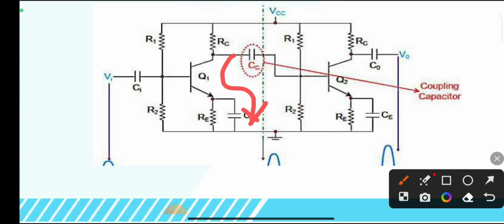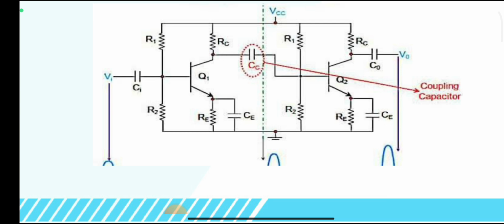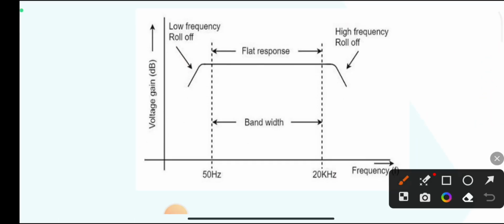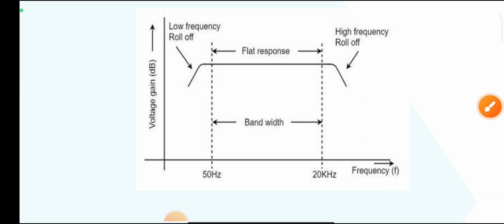That's why the gain of the individual stages reduces because of the bypass capacitor in the higher frequency range. So with frequency, the gain decreases in this region.